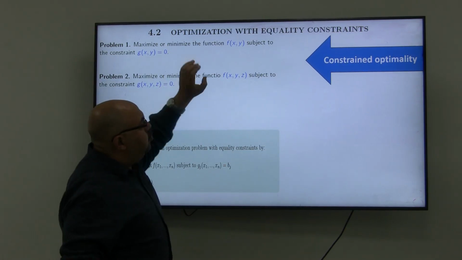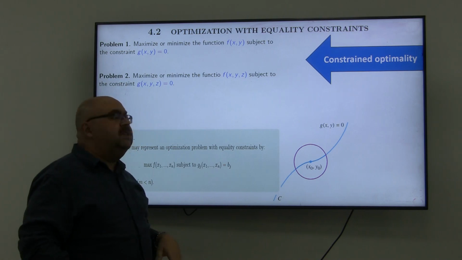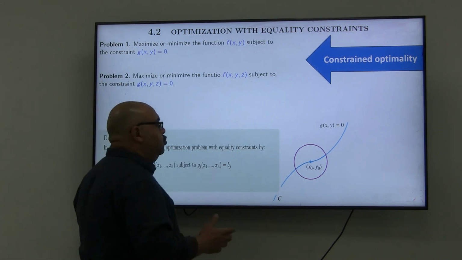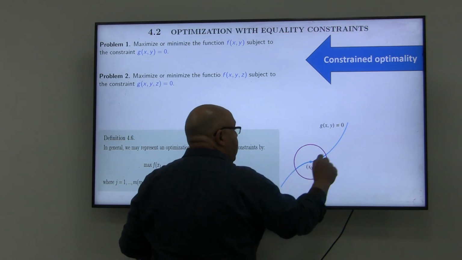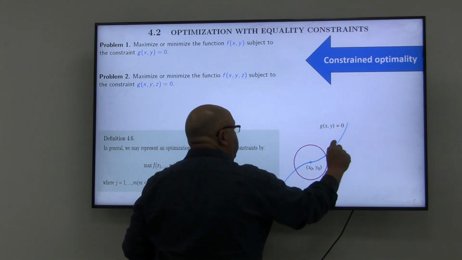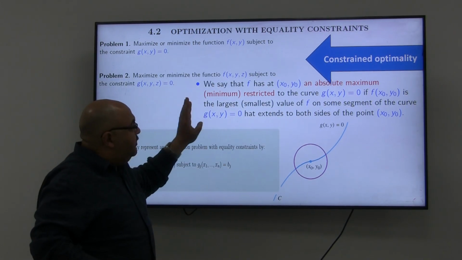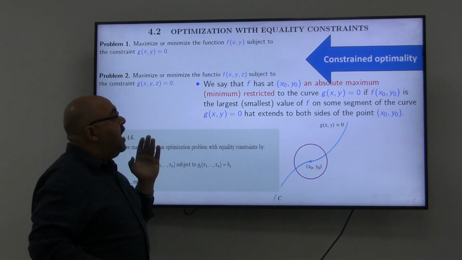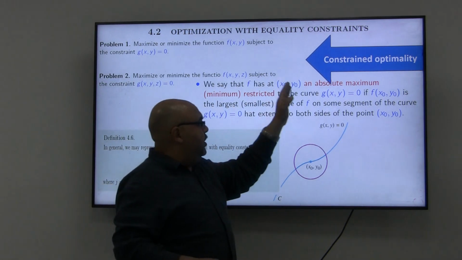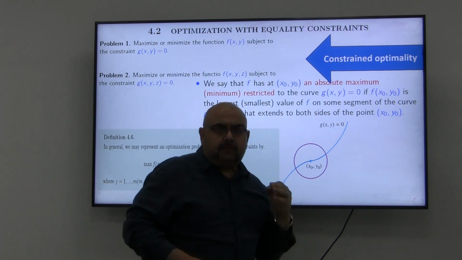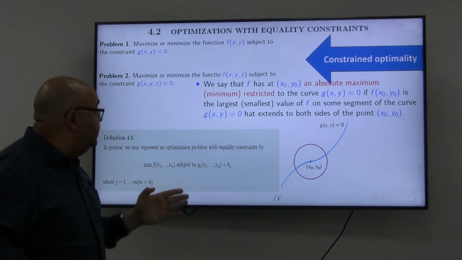These are called constrained optimality problems, and the explanation is I want to optimize my function on a certain curve, or on a given curve. This is why we see that f has, at x naught, y naught, an absolute maximum or minimum point restricted to the curve in specific, which is the constraint that we are dealing with, as you can see.